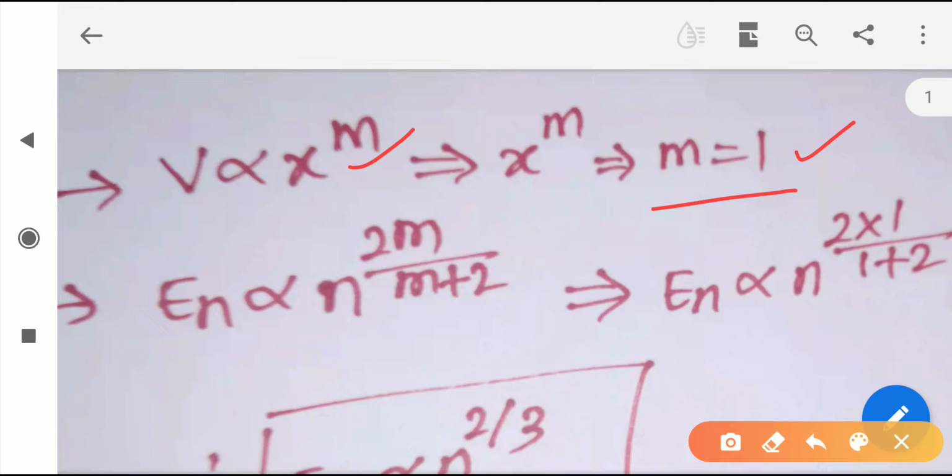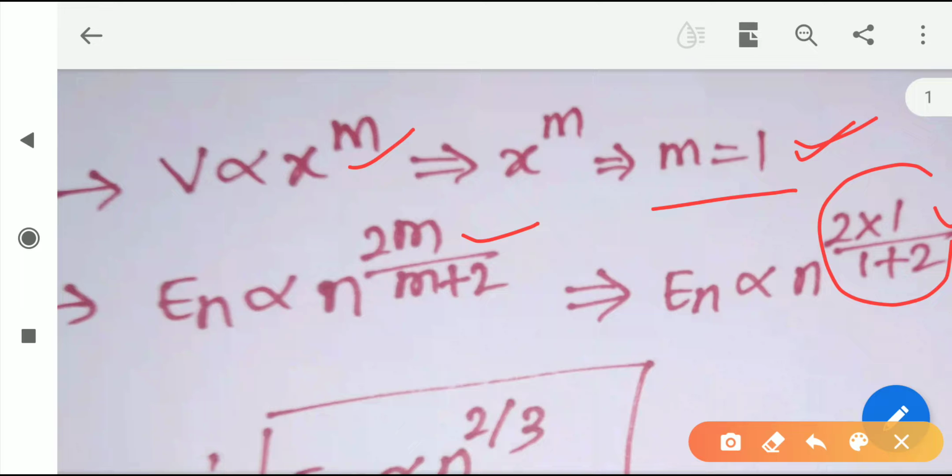Now we have to put this value of 1 in this equation, that is, we substitute this 1 in this equation. So we will get 2 into 1, and upon, in place of m, we will get 1 plus 2.